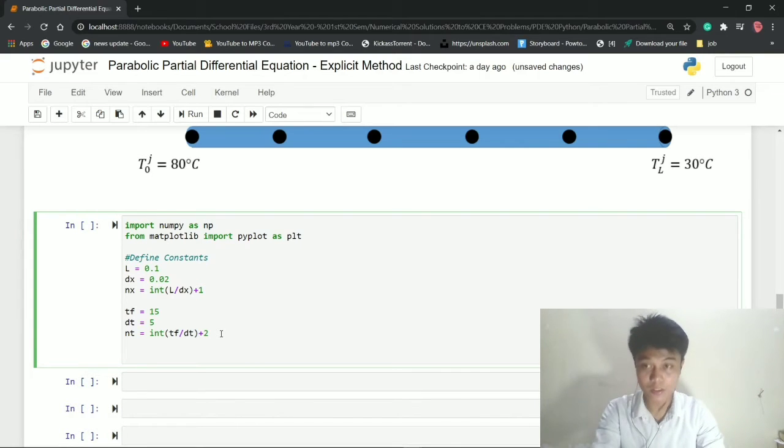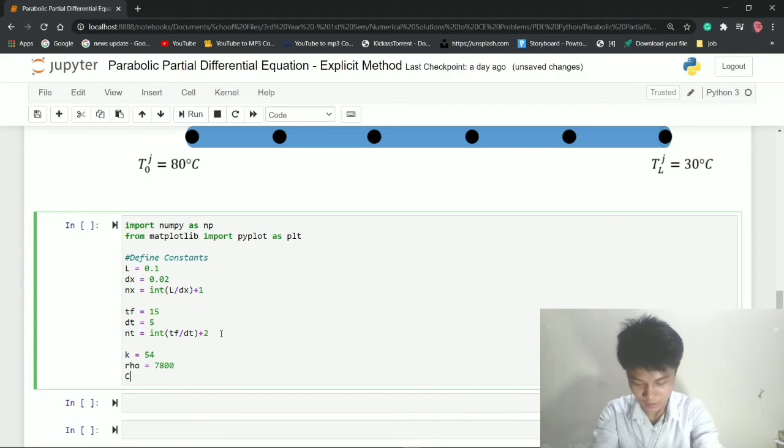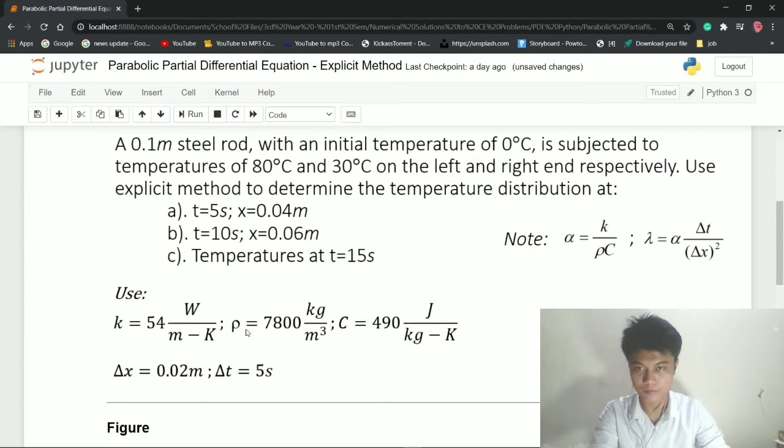Then, next, we have our constants. K, thermal conductivity, which is 54. Then, we have our rho, our density, which is 7,800. Then, we have C, our specific heat. This is 490. So, given lahat yan dito.